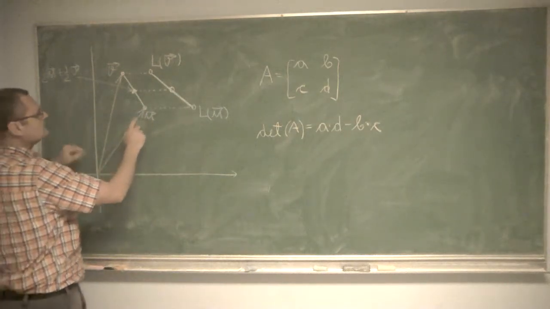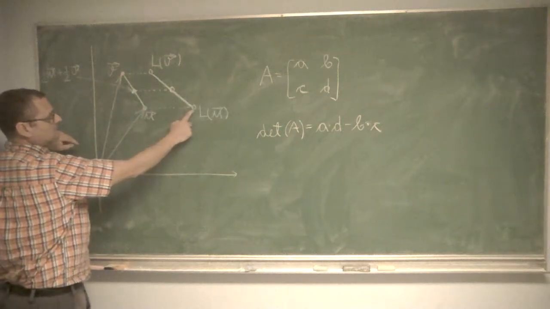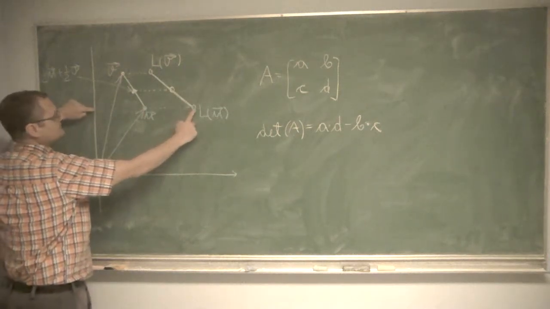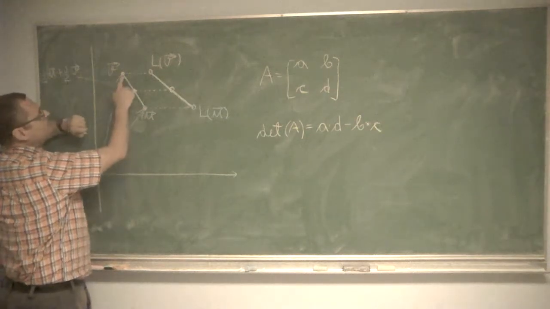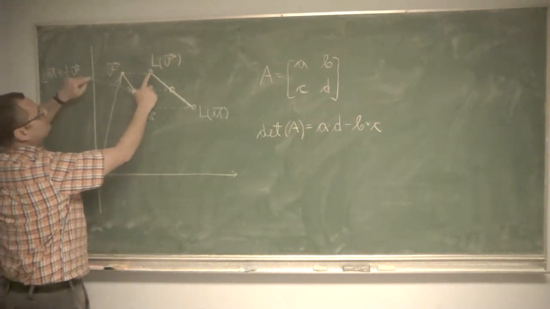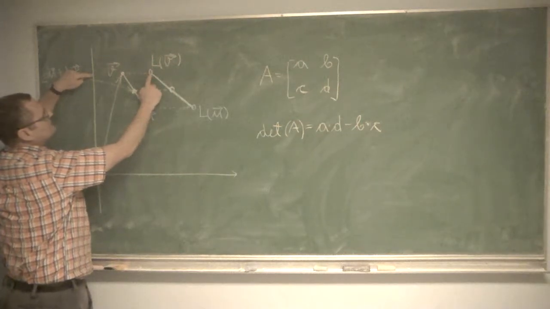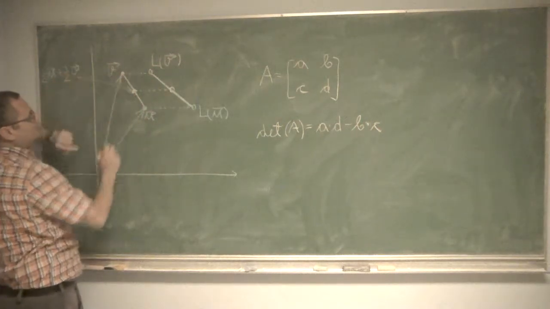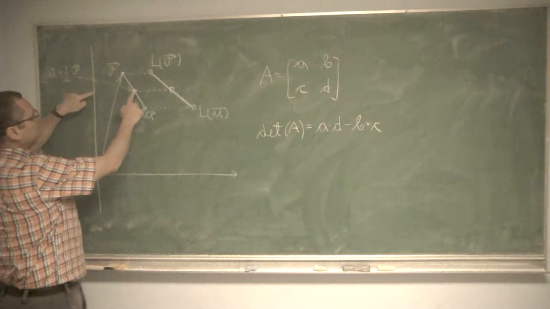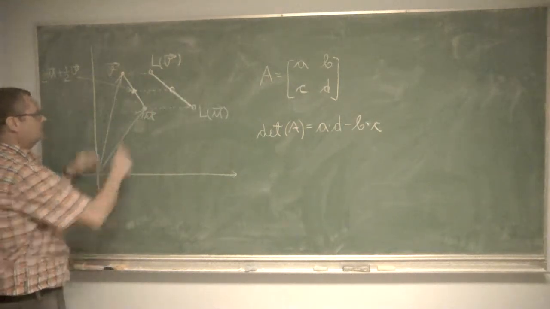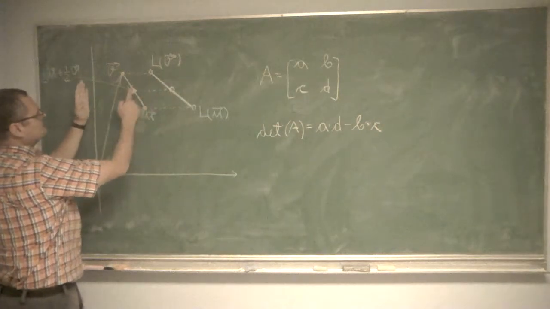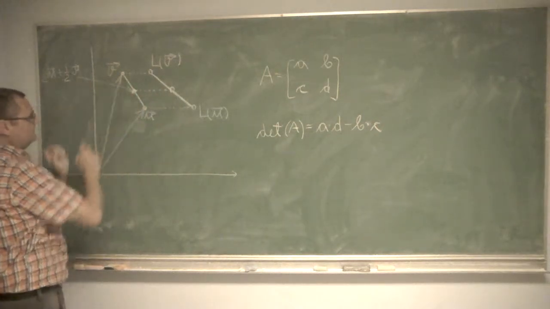So this point gets mapped here, and this distance is twice the distance from here to here. This point gets mapped here, and this distance is twice the distance from here to here. And the midpoint of this line segment I map here, so that this is twice the distance from here to here.